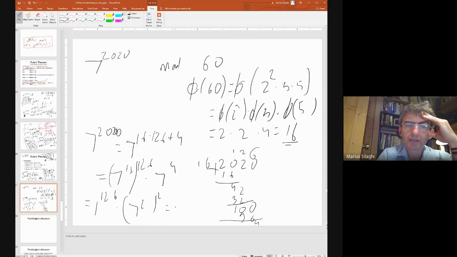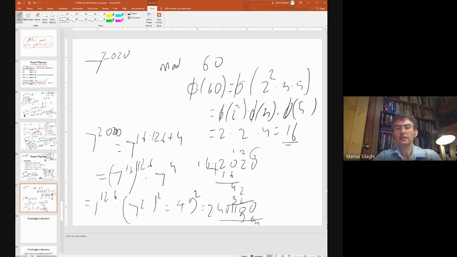So it's going to be 49 square mod 60. So, okay, your colleagues came out with the result, and it's going to be remainder 1. Okay.